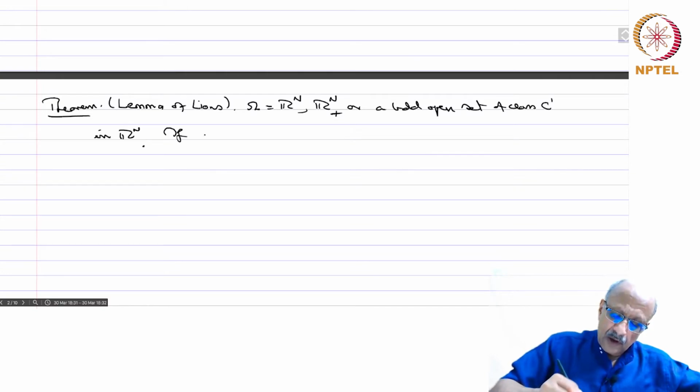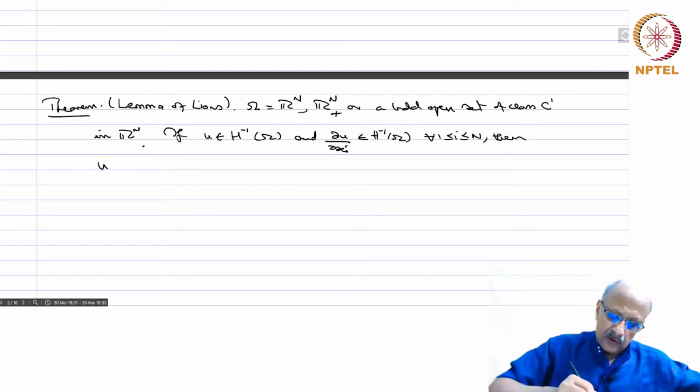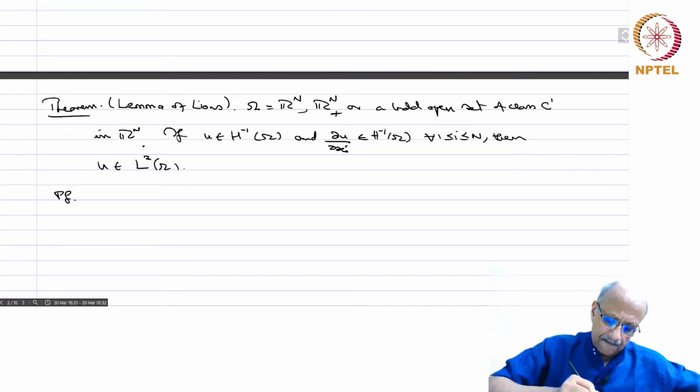If u belongs to H^{-1}(Ω) and ∂u/∂x_i is also in H^{-1}(Ω) for all 1 ≤ i ≤ n, then u belongs to L2(Ω). So proof, we will do it in the case Ω = R^n, where it's very easy.